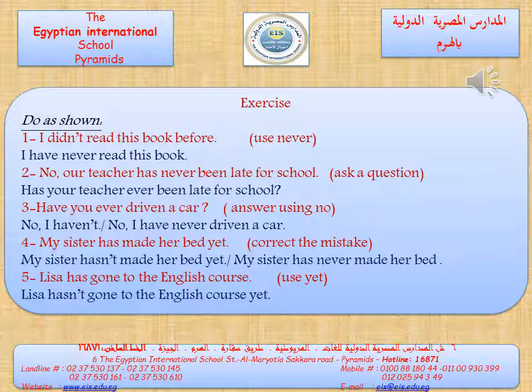This sentence doesn't have "not", so let's add "not". The answer can be: "My sister hasn't made her bed yet," or "My sister has never made her bed," and we removed "yet".